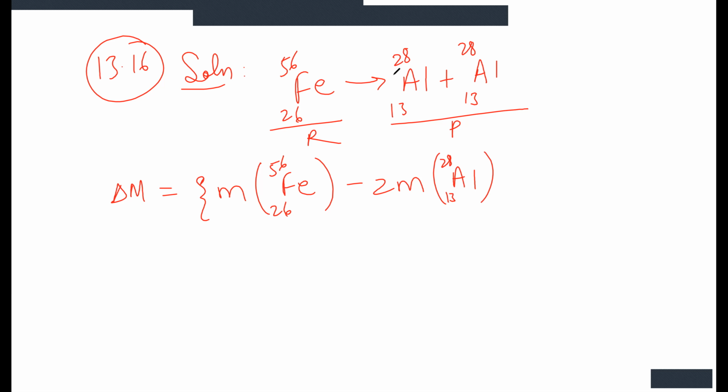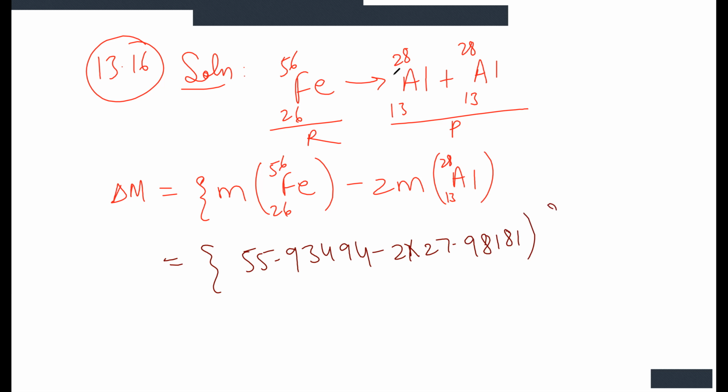So mass of iron is 55.93494 minus 2 into mass of aluminum, 2 into 27.98181. After substituting, if you simplify this one, we are getting 0.02868 atomic mass unit.